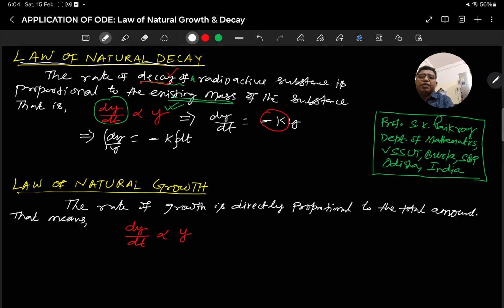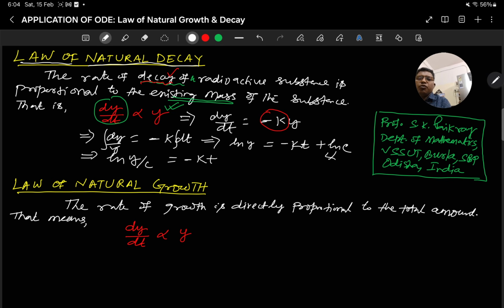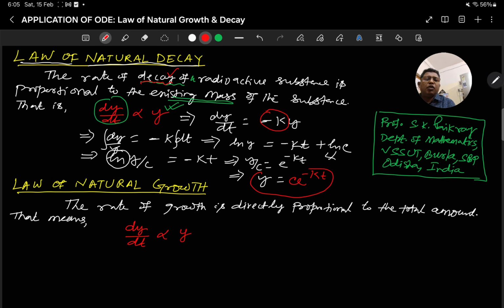If you integrate both sides, ln y is equal to minus kt plus some ln c. Bringing this to this side, ln y by c is minus kt. Taking exponential on both sides, y by c is equal to e to the power minus kt. So y is equal to c e to the power minus kt.